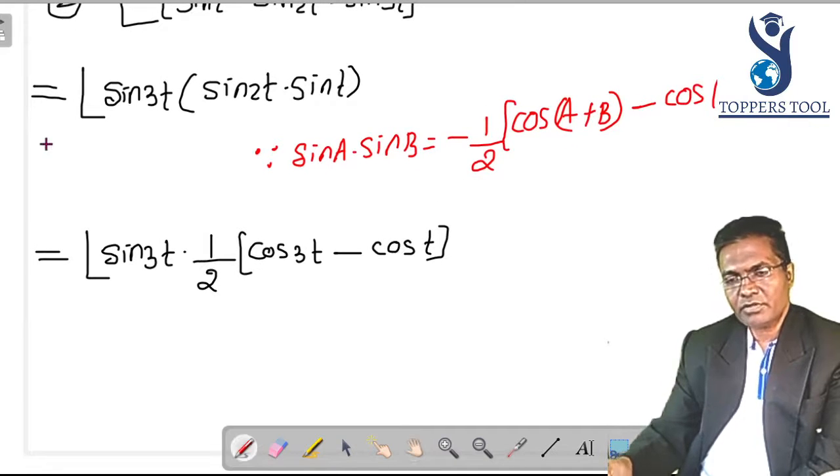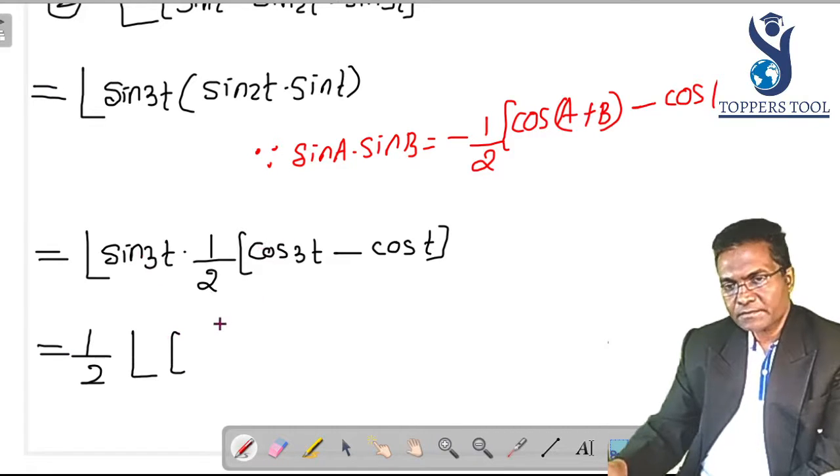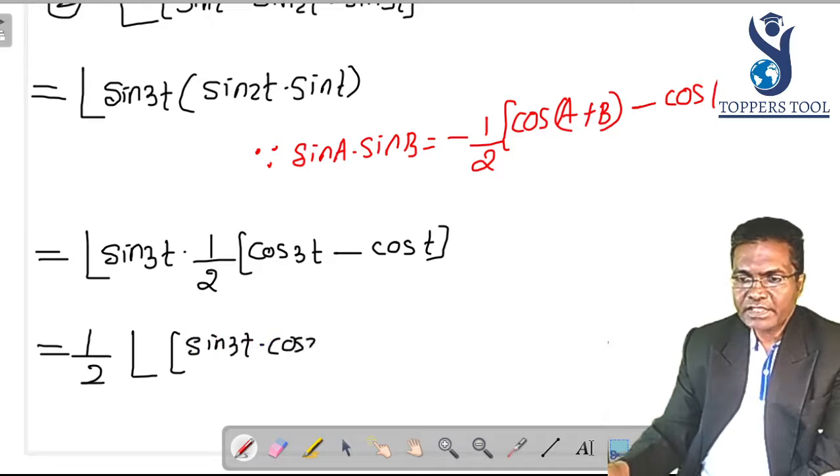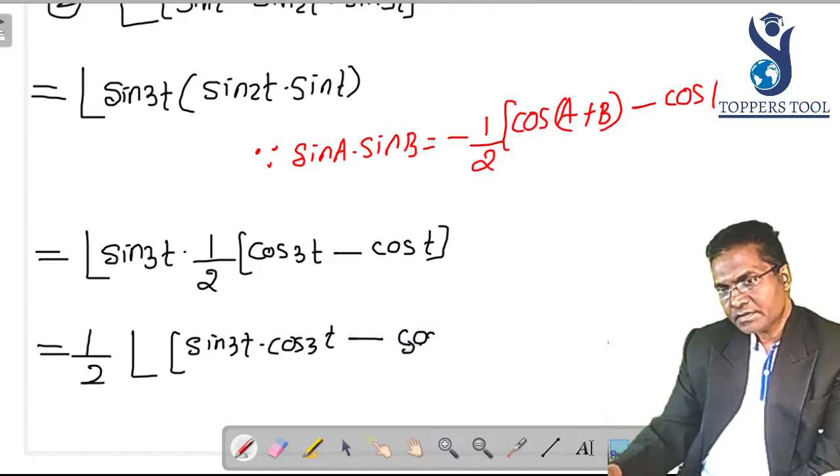Now take 1 by 2 outside and L of, multiply this into this. Sine 3t into cos 3t minus sine 3t into cos t.